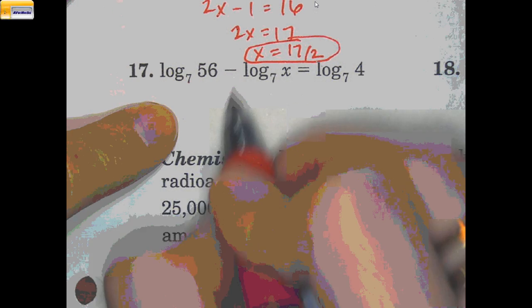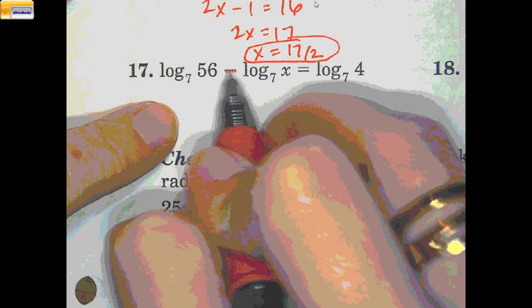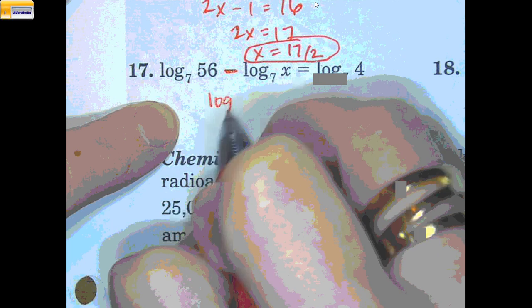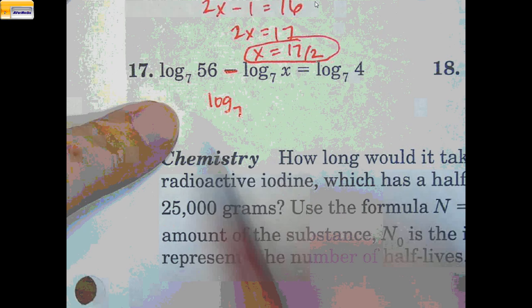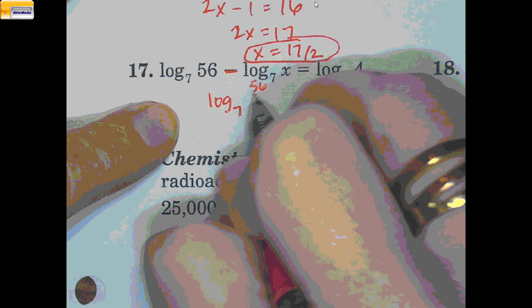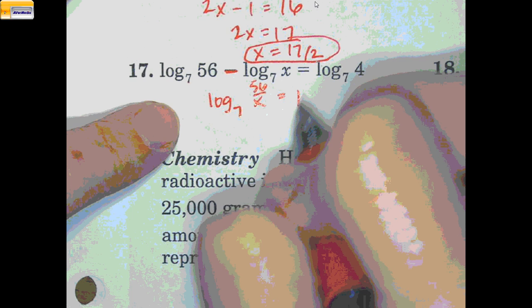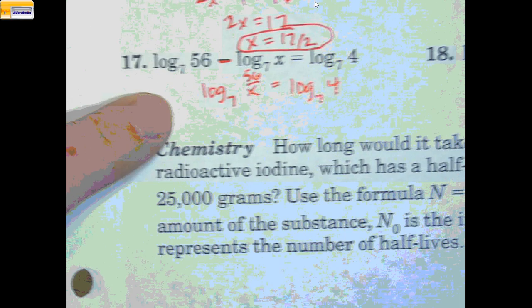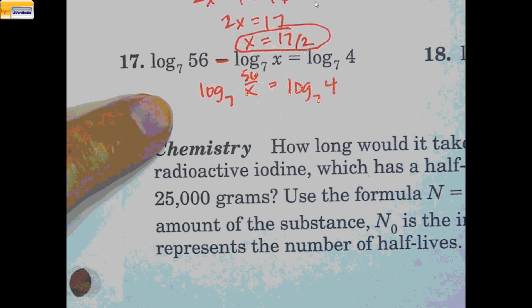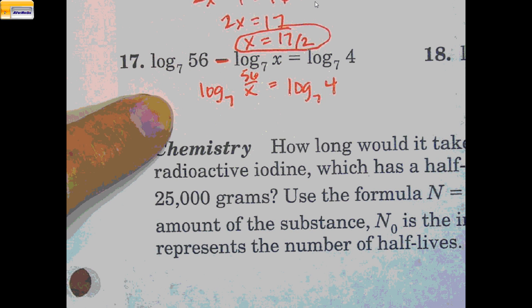So, I see a subtraction sign. I'm going to keep the base the same, so it's log base 7. What do I do with the 56 and the x? 56. Good, 56 divided by x, we're condensing. Equals log base 7 of 4. Do what? Yes.